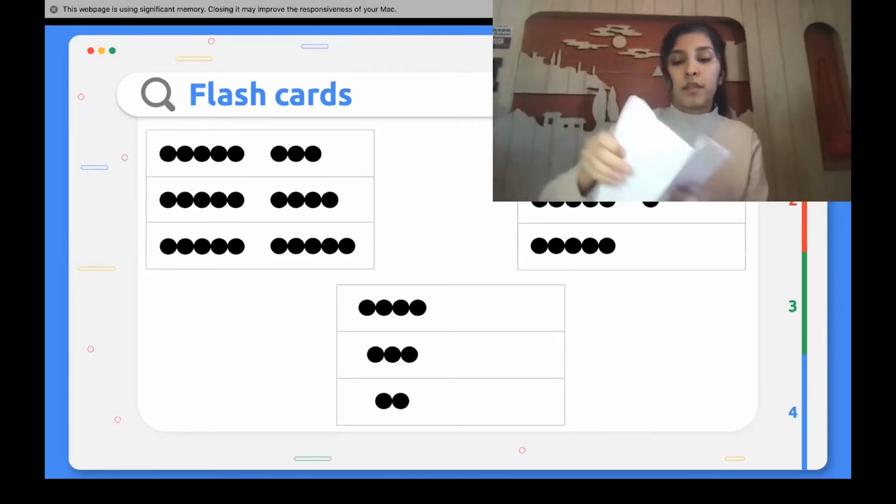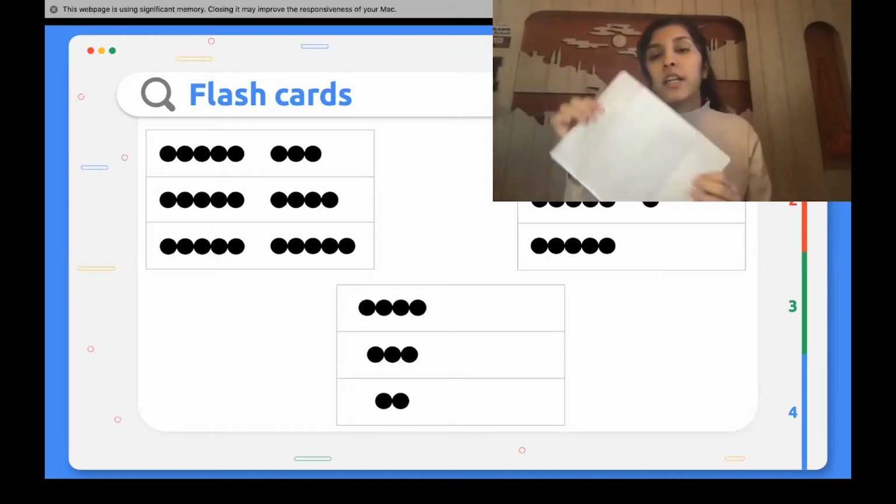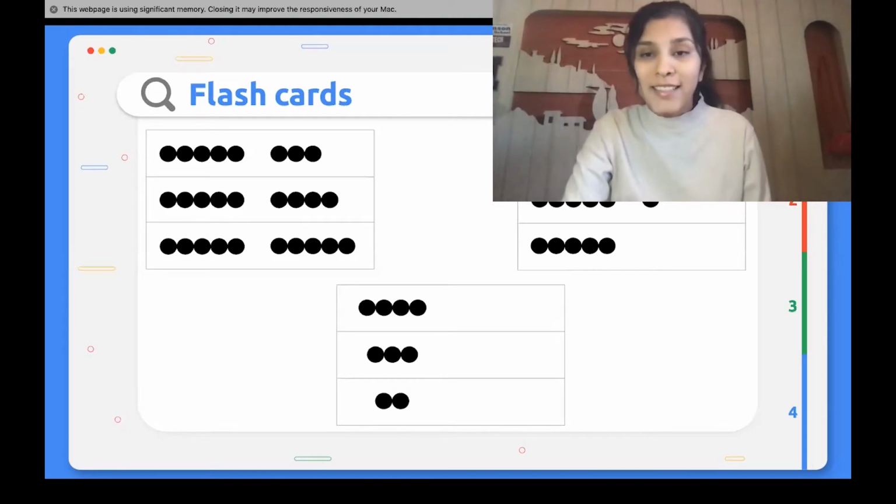And you'll end up with 1, 2, 3, 4. So 4, and then you can go ahead and get another piece of paper to do the other cards, okay?